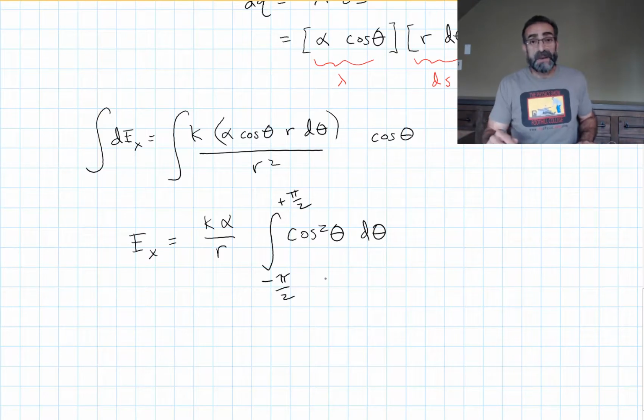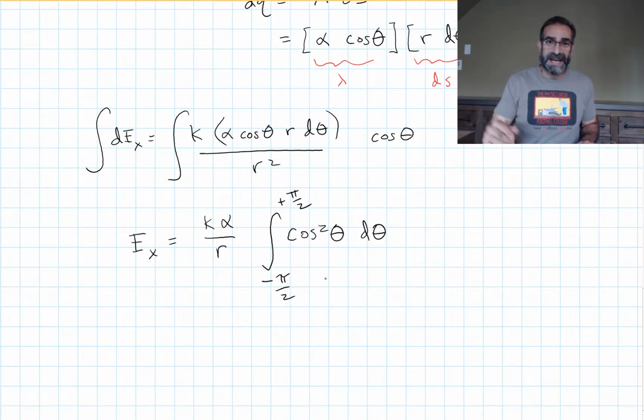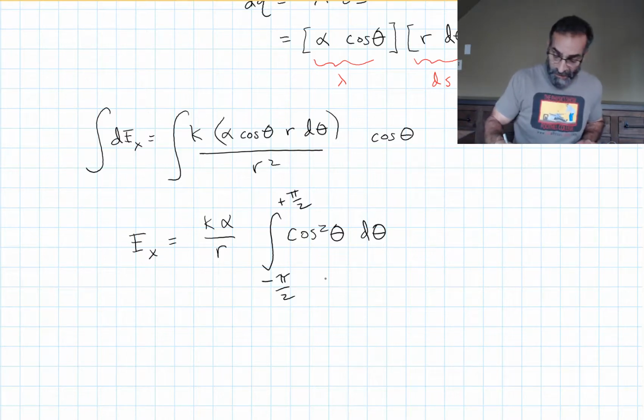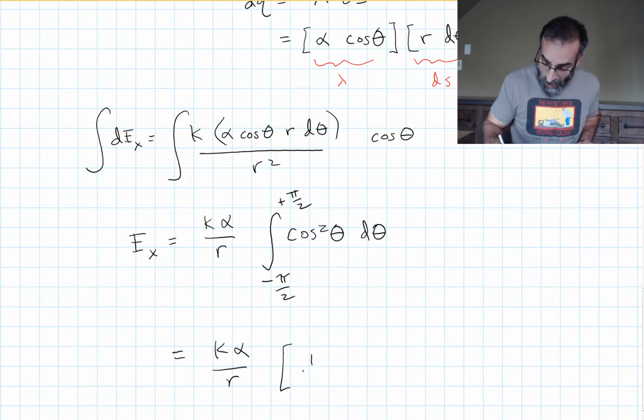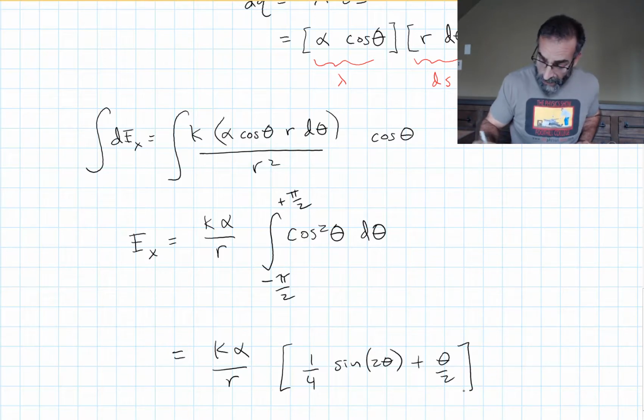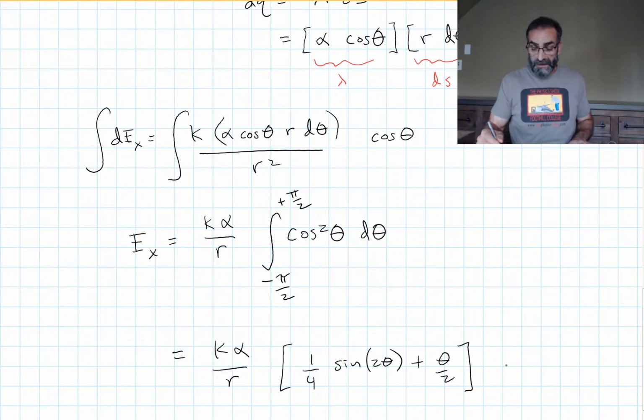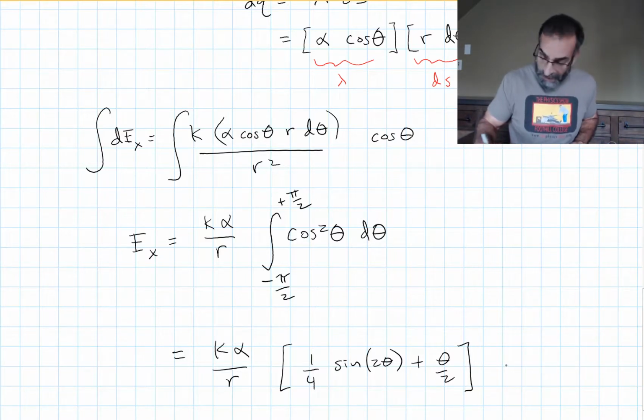This is a tricky one. I would look it up on my integral table or formula sheet or back of the book. They often have integrals like this listed. And when I look it up, this is my solution: 1/4 times the sine of 2 theta plus theta over 2. That's the solution to the integral of cosine squared theta d theta. And this is evaluated from minus pi over 2 to plus pi over 2.